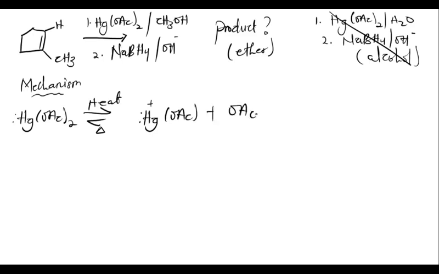and this produce, okay. So once we have the acetylmercuric group produced, it now goes to attack, or react with, the alkene. So we have the alkene here, CH3 here, then we have our acetoxymercury group now coming to attack, okay.